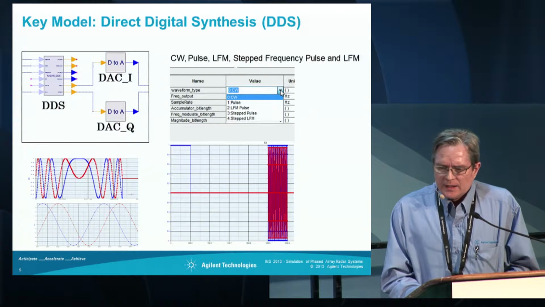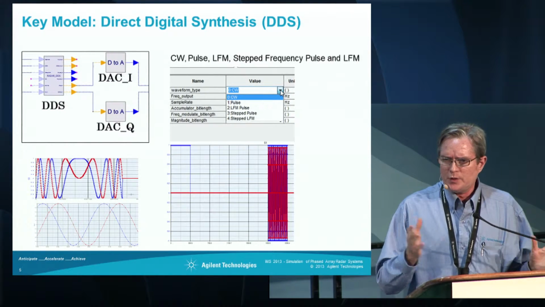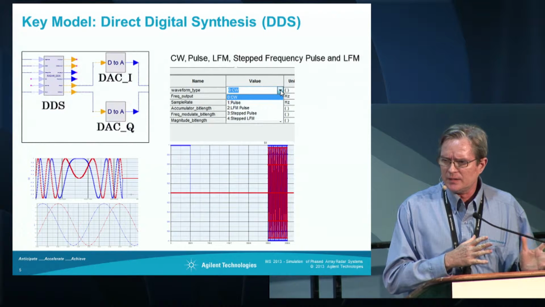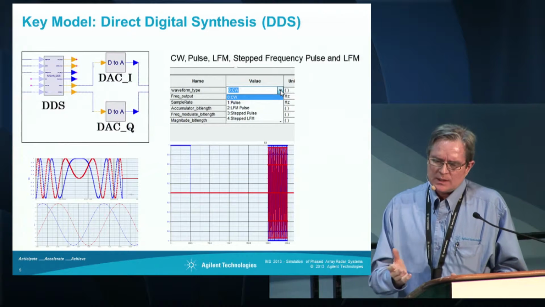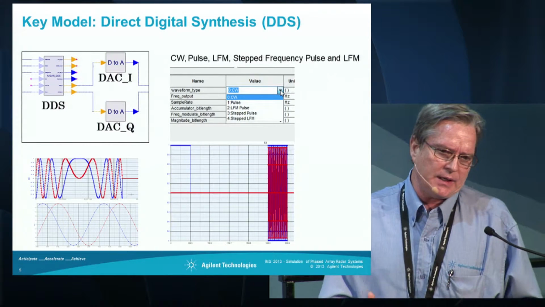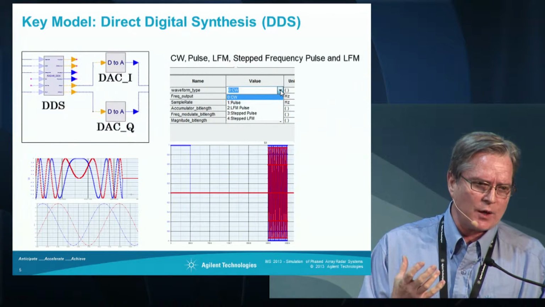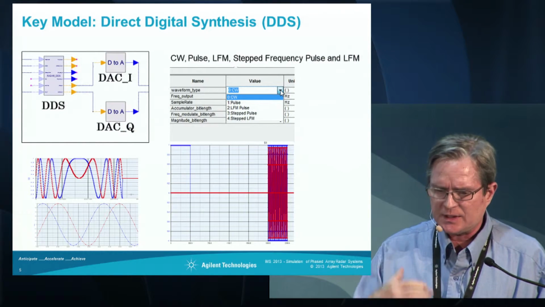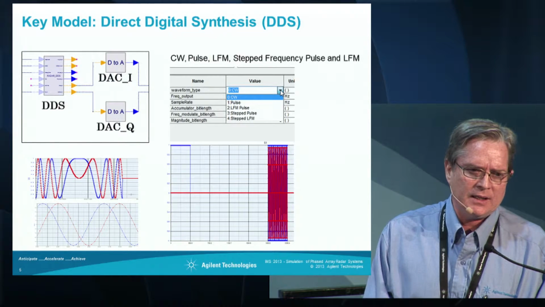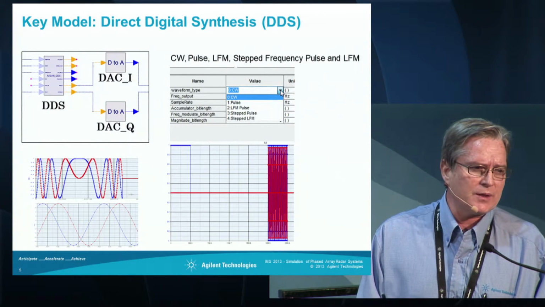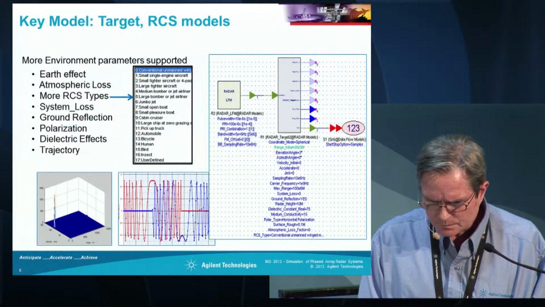And so, you know, in the past, users maybe have used in the RF world a scanning oscillator. Well, some of the key models here would be a direct digital synthesizer. And then, of course, with the radar, we want to generate a certain type of pulse. And so with our DDS model here, you can select some of the types of signals and pulses that are commonly generated.